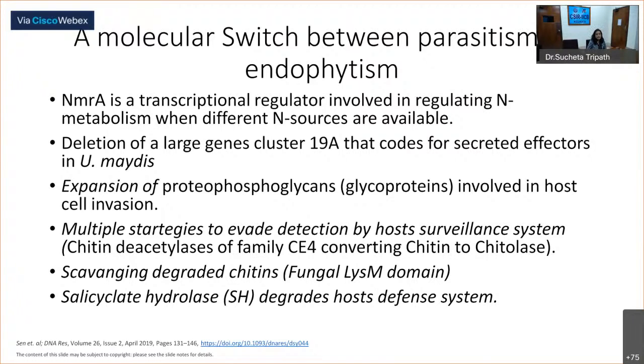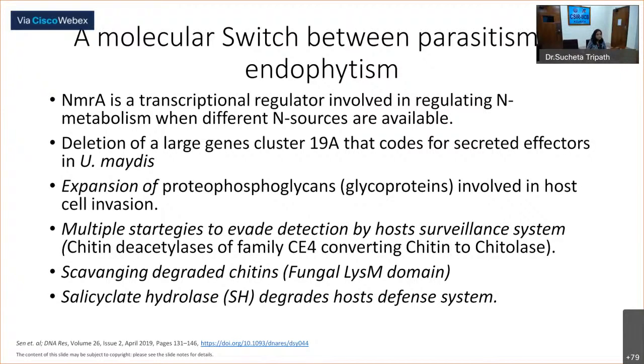And as I said, Rhodotorula is an endophyte. What is an endophyte? It means that it enters into the host, it stays there inside the host, but it doesn't cause any harm to it. It rather helps it. But in order to enter into any living organism, the first reaction that happens is that the host will react. The host will not let any pathogen or anybody enter into its body. It has an inbuilt mechanism.